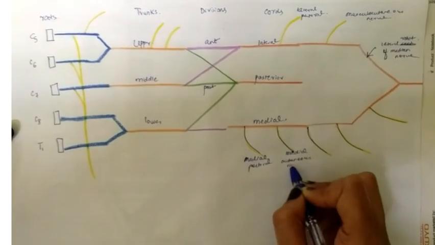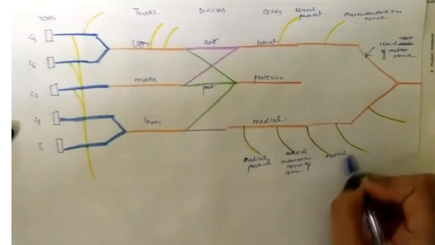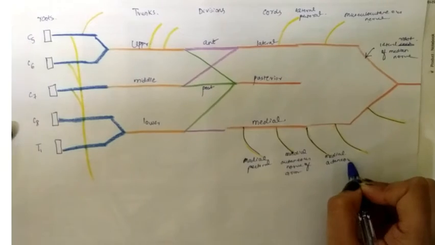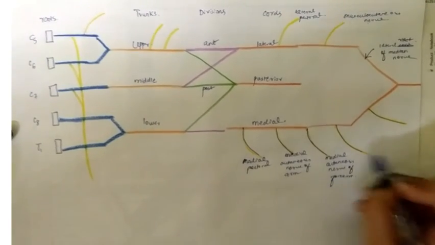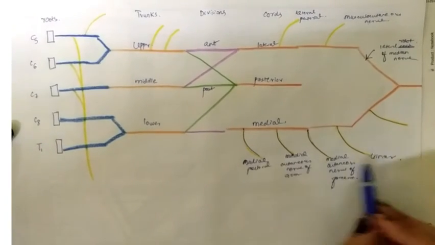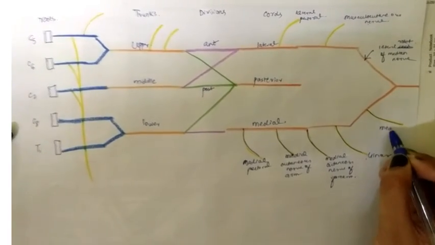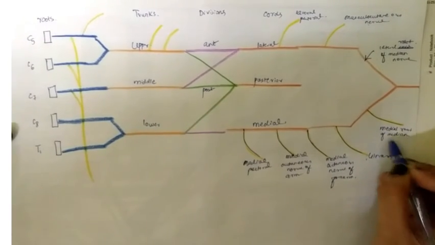Men, again M, medial cutaneous nerve of forearm, root value C8 and T1. Use, U, ulnar nerve, here it is C7, C8 and T1. And finally, Morphine, M, medial root of median nerve, root value C8 and T1.